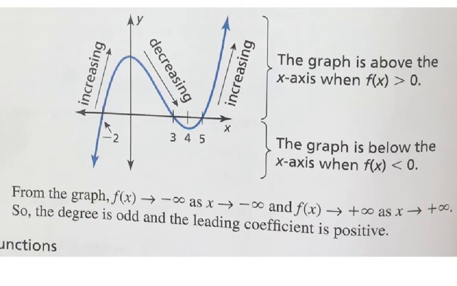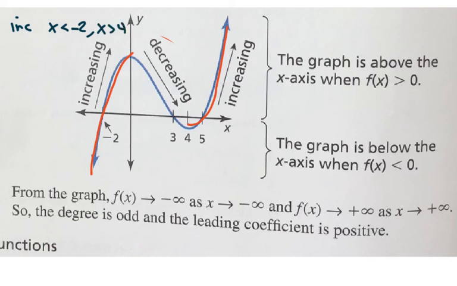So this is the same vocabulary we did in the parabola chapter, where with increasing versus decreasing, I talked about climbing up the hill versus climbing down the hill. So you have to look at the sections that are increasing. This section right here is climbing up the hill, and this section is climbing up the hill. So the way you write your increasing sections is anytime x is less than -2, and then anytime x is greater than 4.